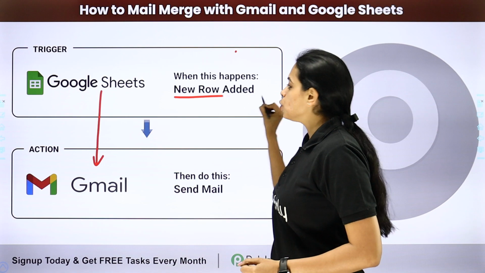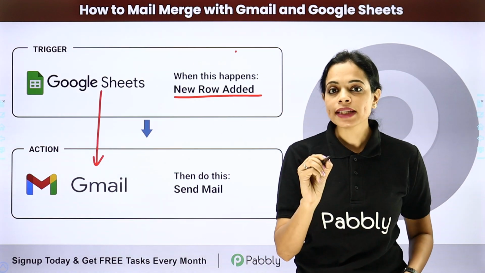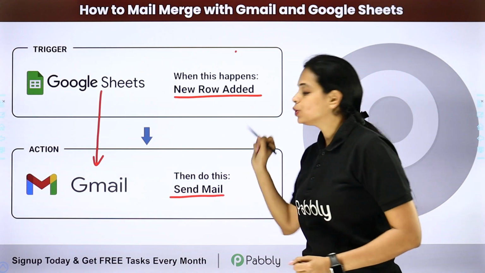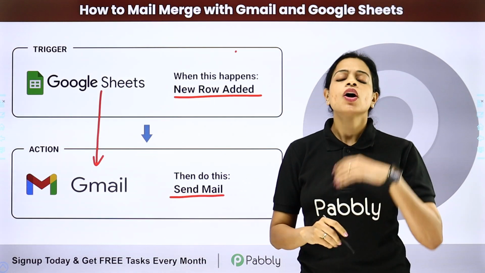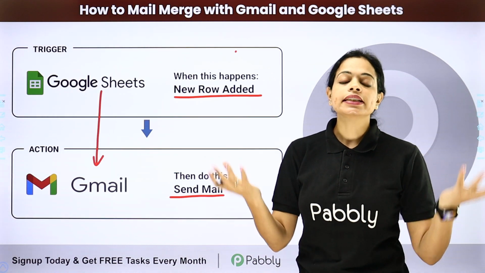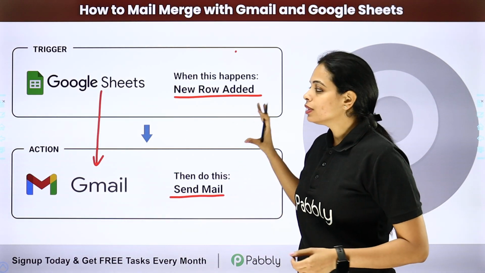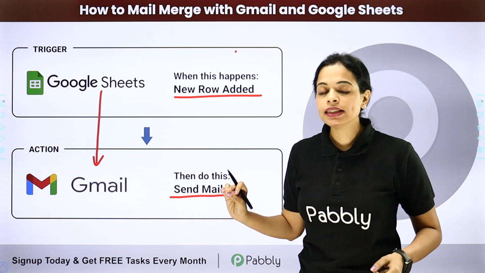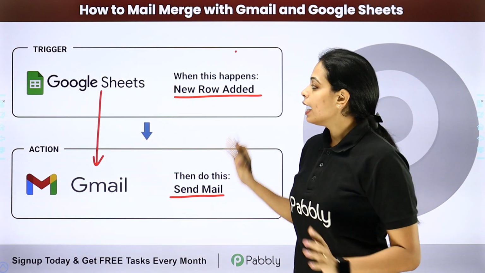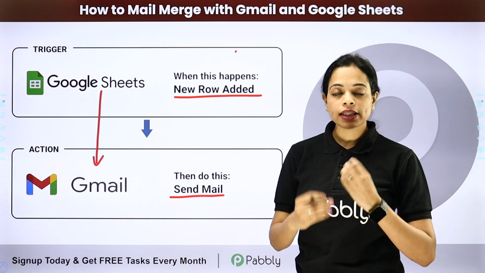So every time a new row is added, automatically with the details that are there in the Google Sheet, a mail would be sent to the person reminding him or congratulating the person, or maybe just sharing the details of your business. So this process is extremely easy, and at the same time it is so helpful because it is going to save a lot of time, and also it is going to give that personalized touch to your customers.